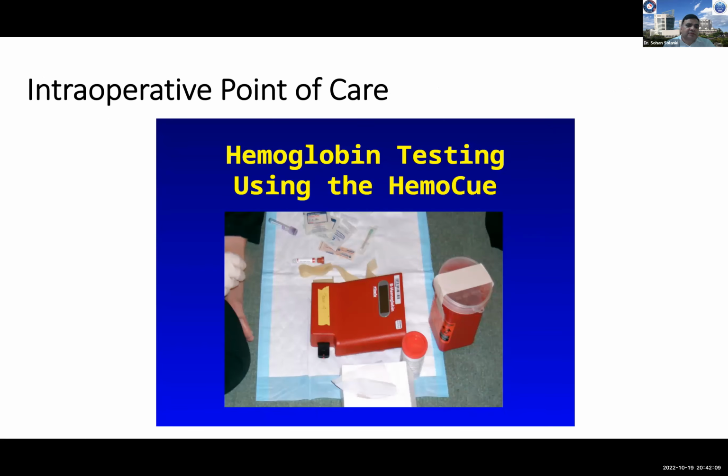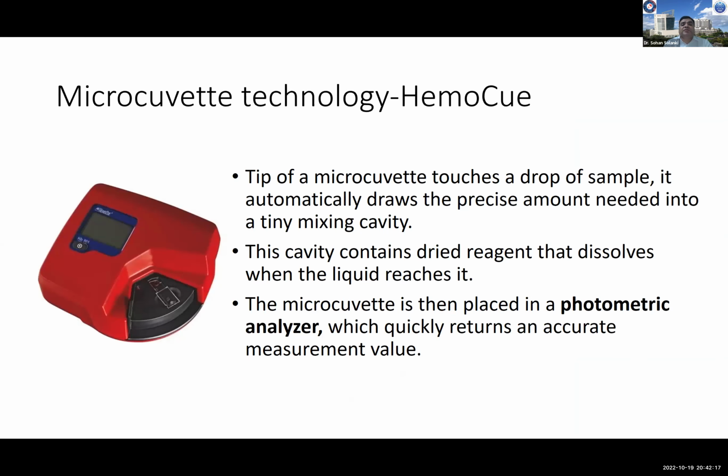of care hemoglobin testing, mainly what we are using intraoperatively, and the most commonly used nowadays, is the HemoCue. The HemoCue is micro cuvette technology where the tip of the micro cuvette touches the blood sample, like at the finger, where you really need capillary blood and not venous blood, because venous blood is not really good to use for this HemoCue.